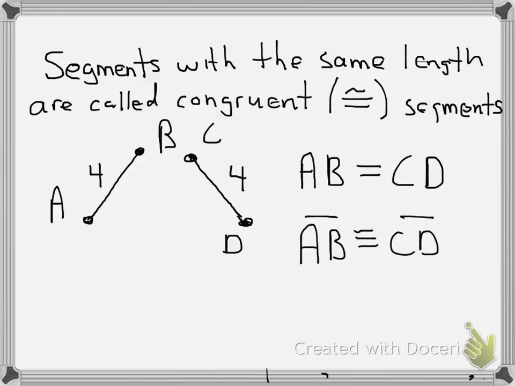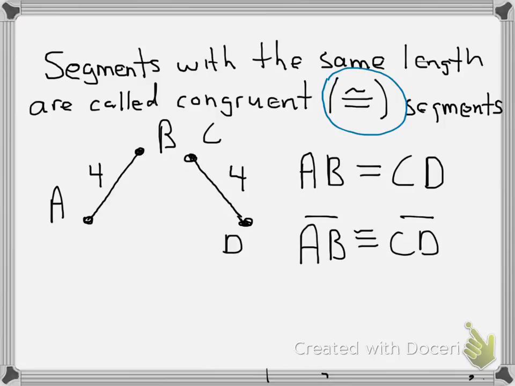Okay. We have a special name for segments that have the same length. Segments that have the same length are called congruent segments. The symbol for congruence is here. It's an equal sign with a little squiggly line above it, a tilde if you're a Spanish student. And I have shown here 2 segments which both have length 4.